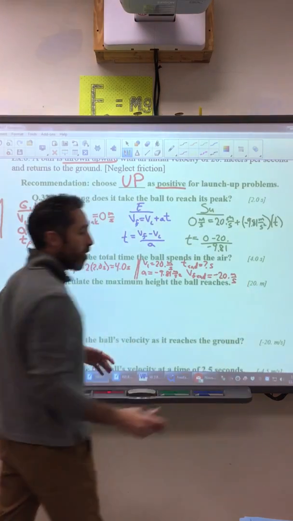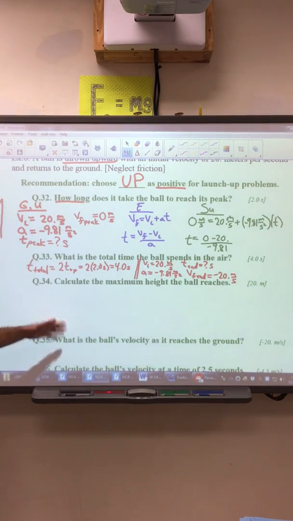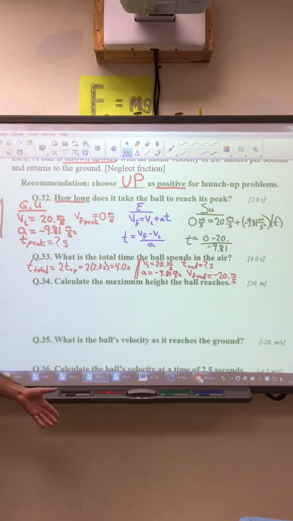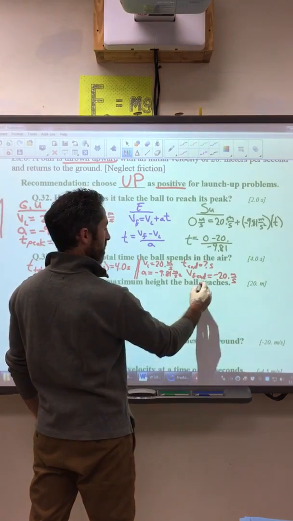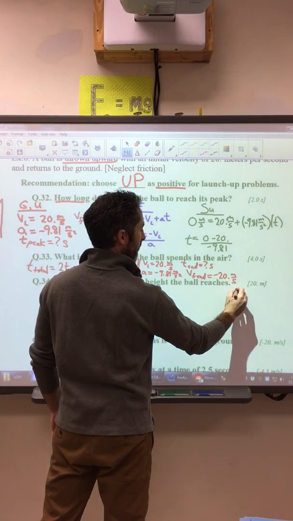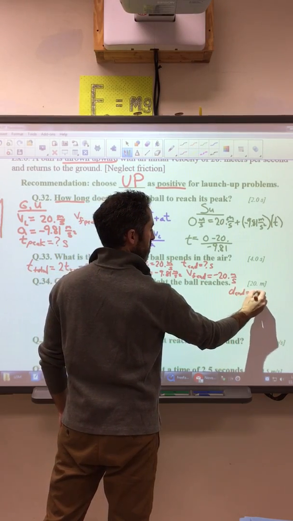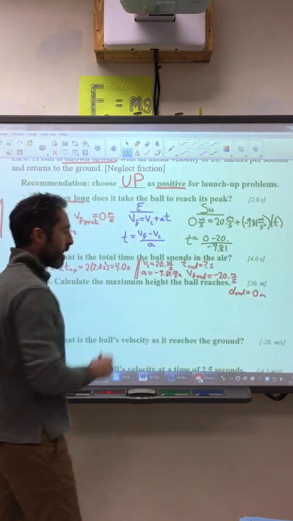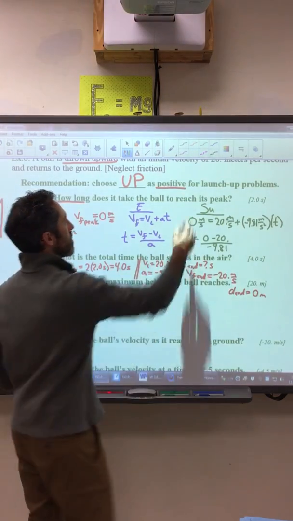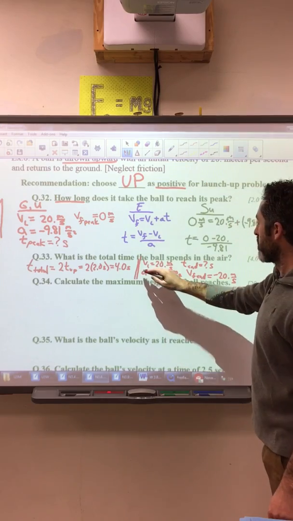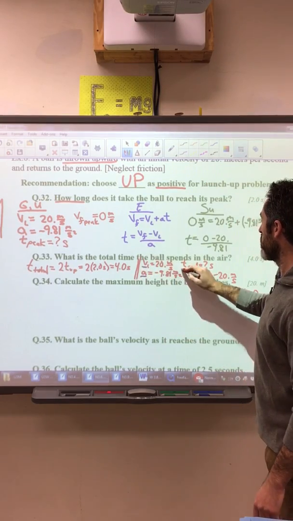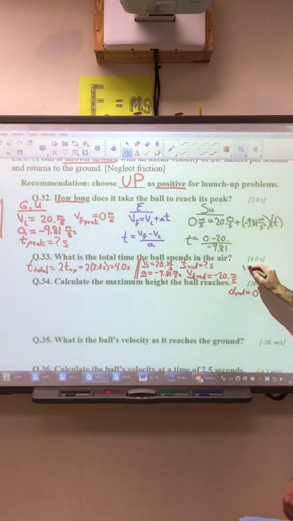And some of you may say, oh, wait, what about the displacement at the end? Actually, you could use that one too. You could even tack on D at the end is 0 meters. And now you have options. With these 4, I'm not going to actually go through and solve them, you could do that. But with these 4, 1, 2, 3, 4, you could do VF equals VI plus AT, and it works out just fine.